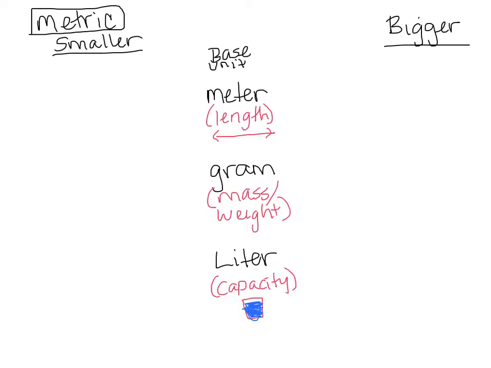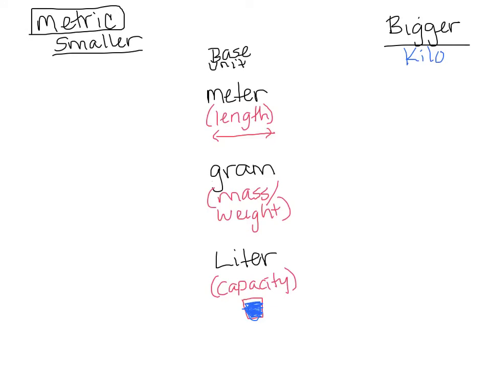And the thing with the metric system is with all of them, it's actually kept pretty easy because they have a prefix that goes in front of each of these base units that tells you exactly how much they're split into. So they almost tell you the information you need. So the biggest prefix that we'd look at that makes them bigger is kilo.